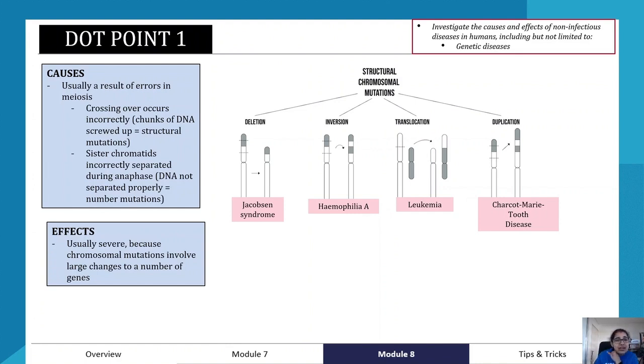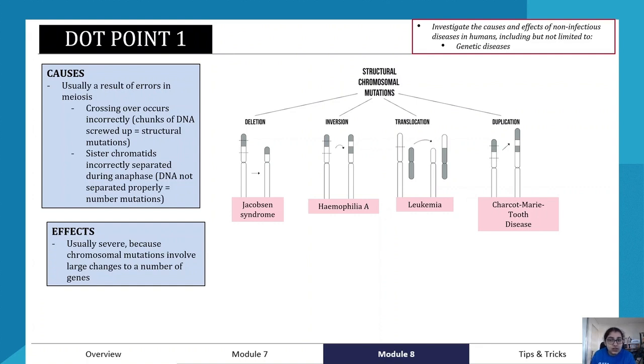So sometimes there can be an extra number of chromosomes in, for example, the sex cells in chromosome number 23.